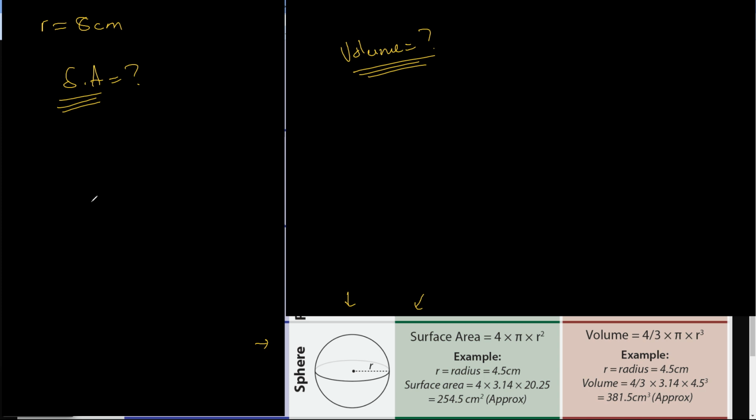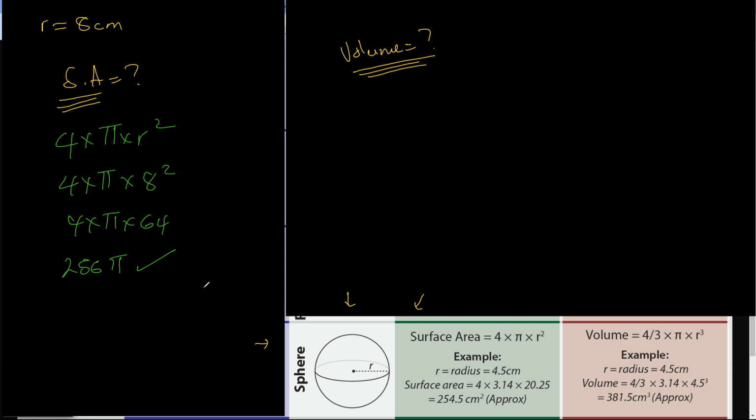All right, so the surface area formula says it's going to be 4 times pi times the radius squared. So it's 4 times pi times 8 squared, which is 4 times pi times 64. And 64 times 4 is 240 plus 16. It's 256 pi. How many of you got 256 pi and obviously rounded it off after that?